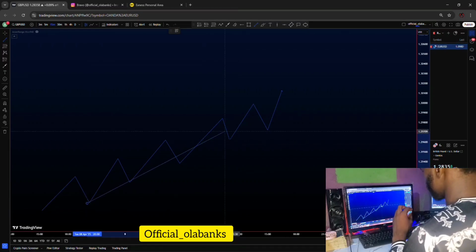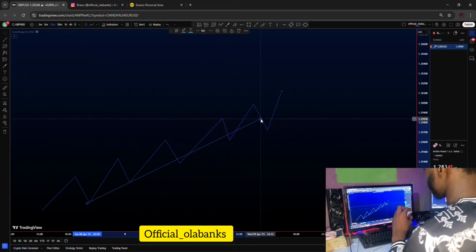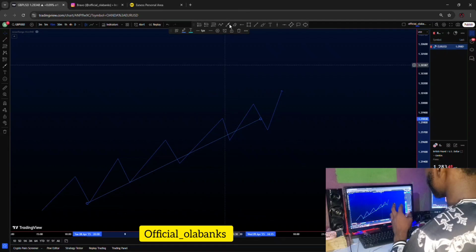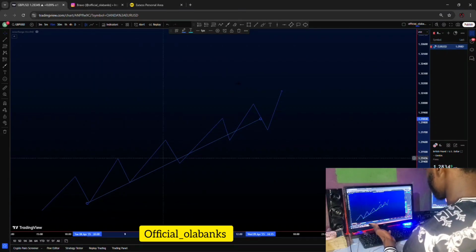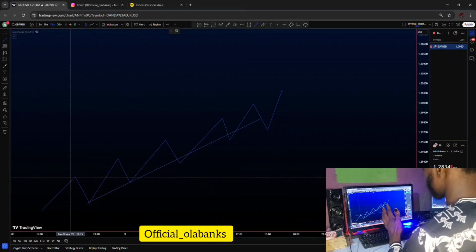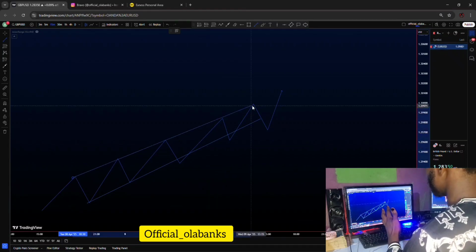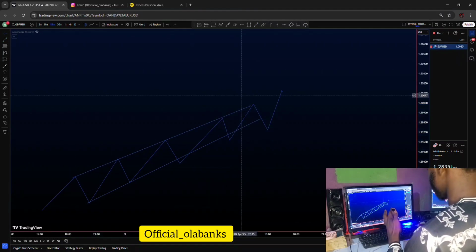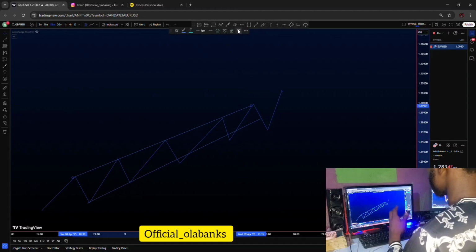If it is from the top, from this place to anywhere, it should be minimum of 2 touches. But we'll be using the low because this is the uptrend.